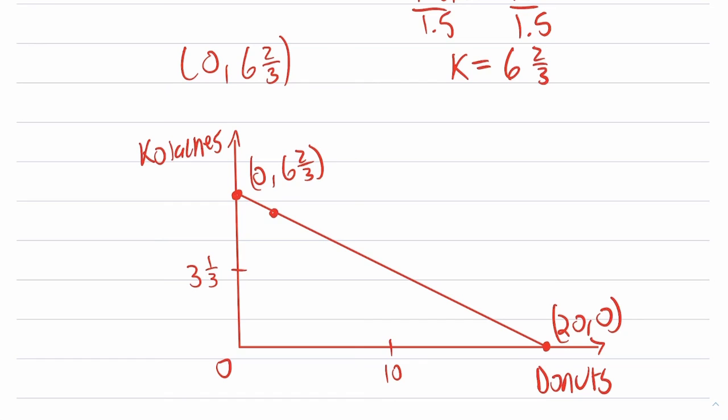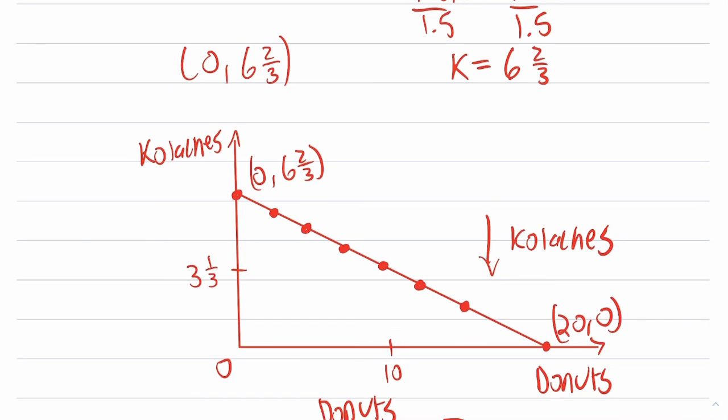Any point on this line would be a combination of donuts and kolaches. But what you would notice is if you buy more donuts, then you're going to have to buy fewer kolaches. As your donuts increase, the kolaches that you're buying decrease.